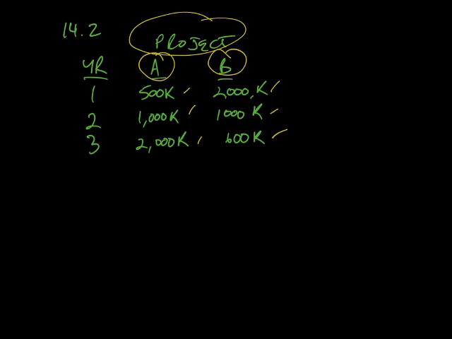The first question is asking you what is the IRR, the internal rate of return, for each one of these projects. And then the second question is what is the net present value for each one of the projects.